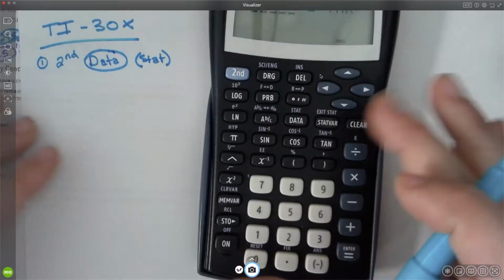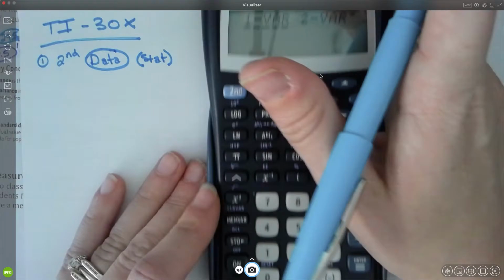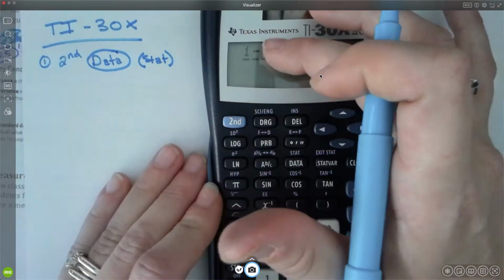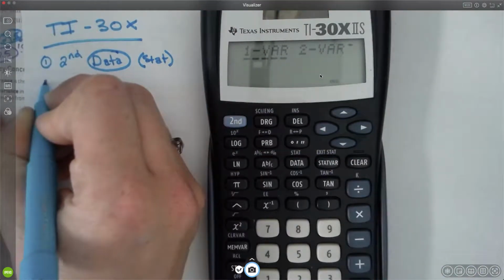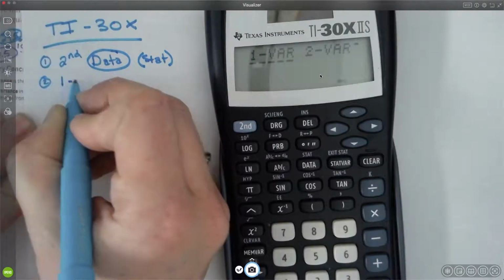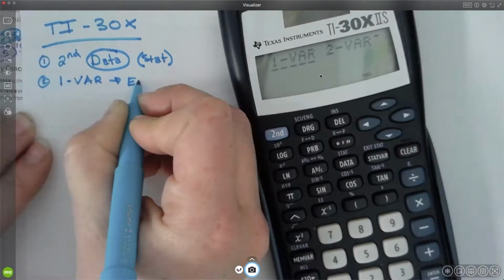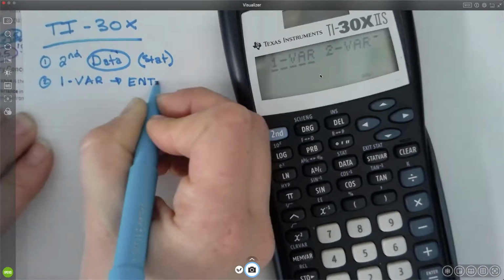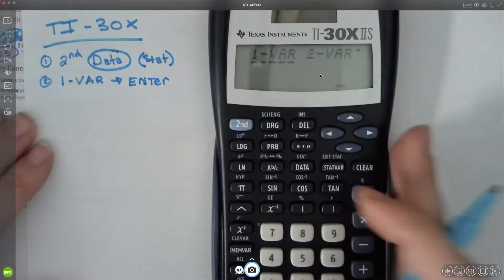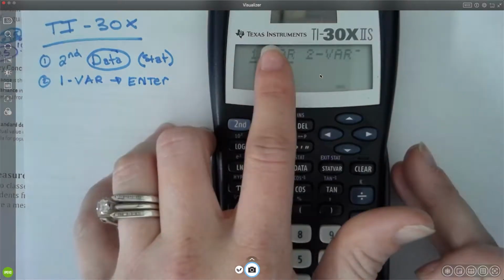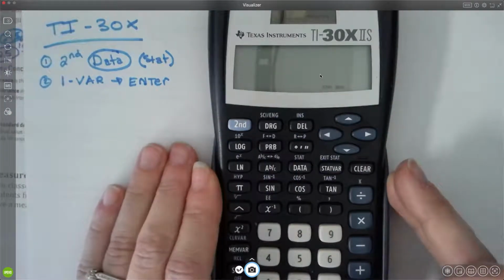Then it's going to highlight, underlined, one variable. So step number 2, I want to enter where it says one variable. Enter. Then I have set the calculator on.